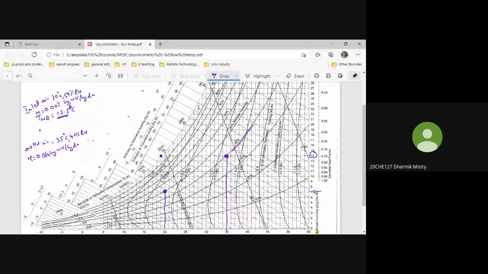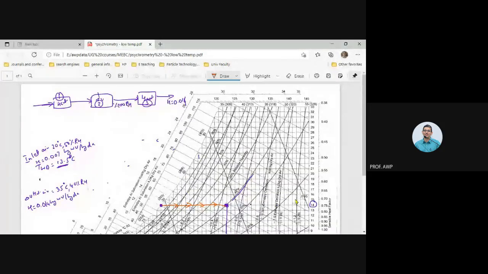So our third heating step, our final heating step, is only going to heat from this temperature, say 19 degrees centigrade, up to 35 degrees centigrade. Automatically percent RH will become 40.